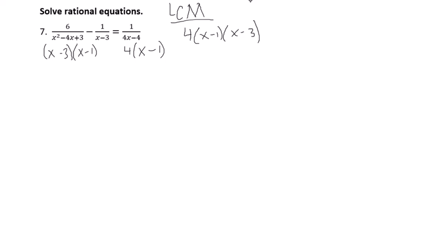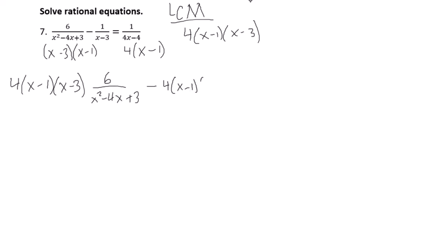That would be our LCM. Okay, so I'm going to do this one by writing it all out again. Over 6 over x squared minus 4x plus 3, minus 1 on top after we multiply by the LCM.